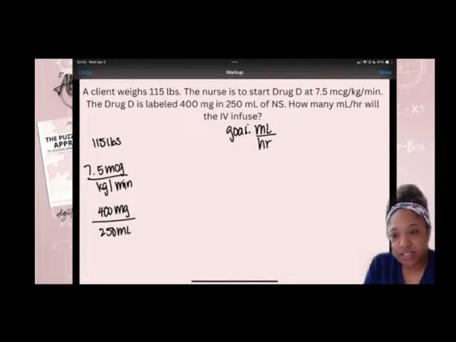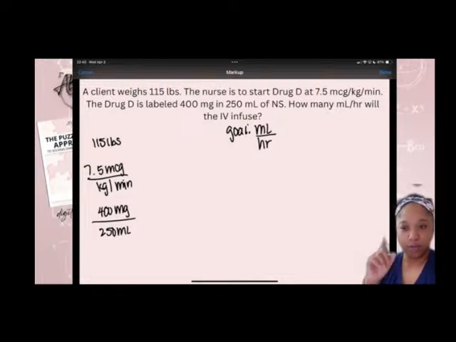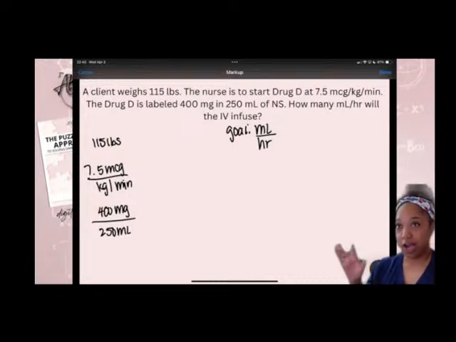Do we convert the micrograms to milliliters? So microgram and milliliter, those are two different units of measure. The gram is for mass, the liter is for your liquids, your volume. So you can't go from micrograms to milliliters. All right, so how are we going to set this up if we have milliliters on the top?